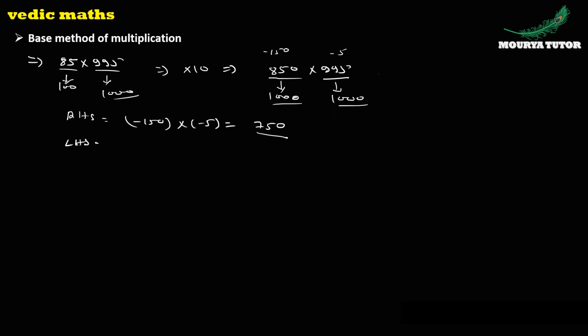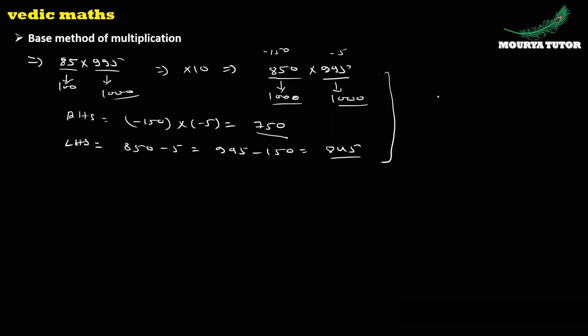Let's find out the LHS. LHS will be, you can find out 850 minus 5, or you can find out 995 minus 150. You will get 845. This is the LHS part. All right, now at the end, you just need to write LHS and RHS together.